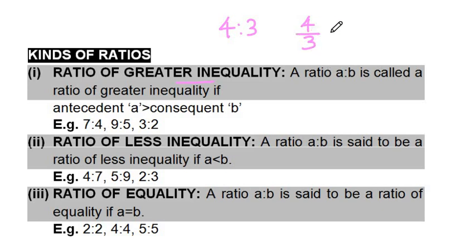Whenever this ratio is greater than 1, then it is called ratio of greater inequality. That means the antecedent must be greater than the consequent. So 4 by 3 must be greater than 1.